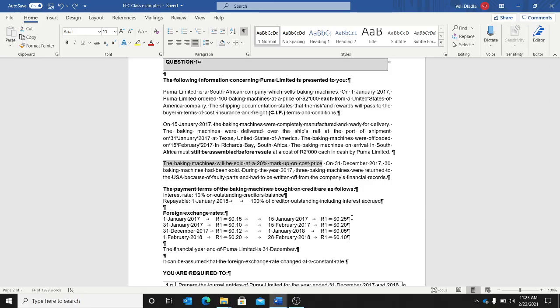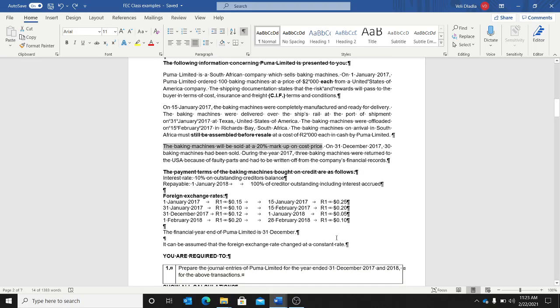Right. On 31 December 2017, 30 baking machines had been sold. Now remember here we are doing 31 December 2017 and 2018, in terms of this one. So we're doing 2 years.